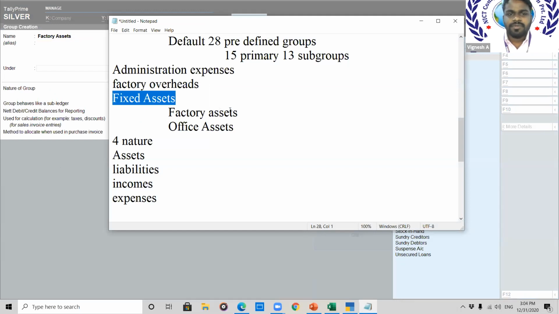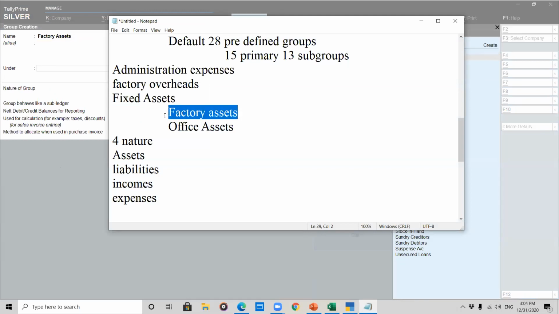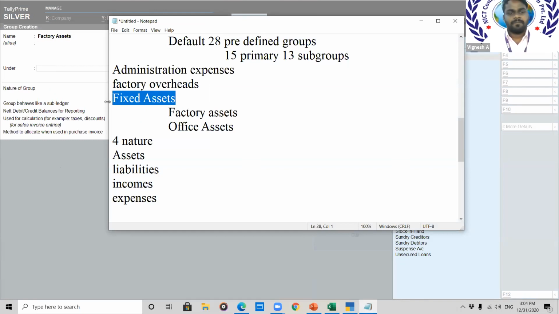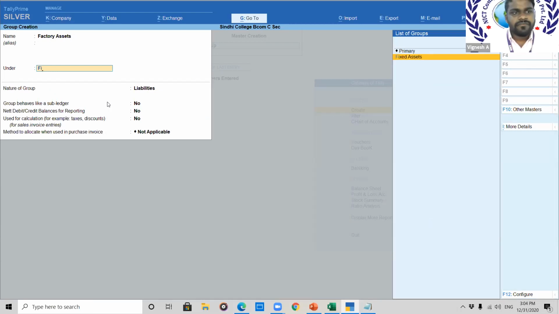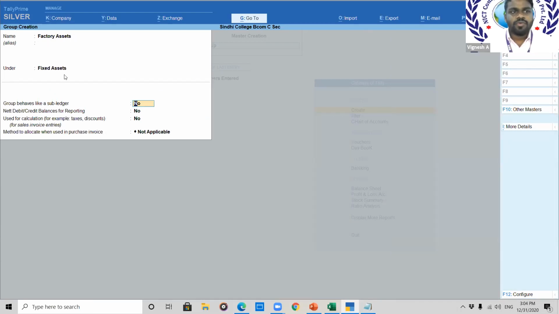I want this as a subgroup. The factory assets should be under fixed assets. So we have to add fixed assets there. Yes. So I am going to drop it under fixed assets so that it becomes a subgroup of fixed assets. Nothing else as group behavior; just enter and accept this. Likewise, you create your office assets.